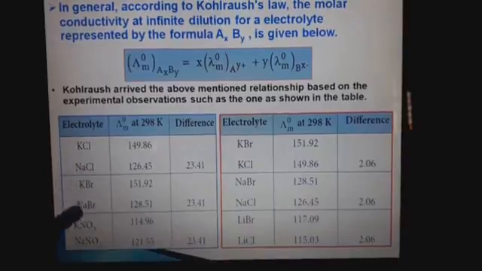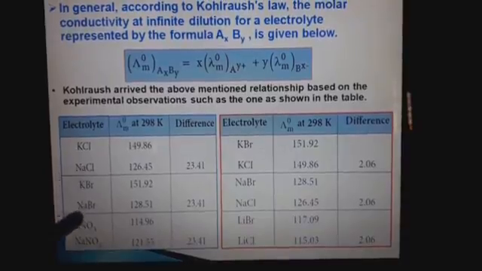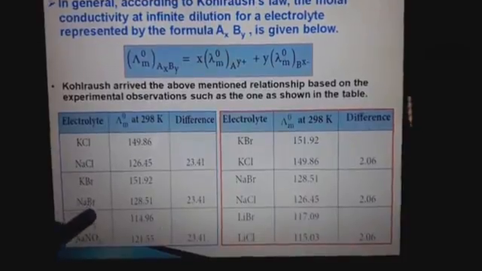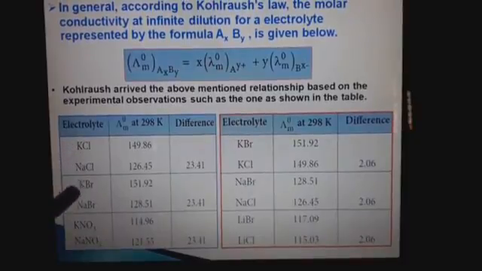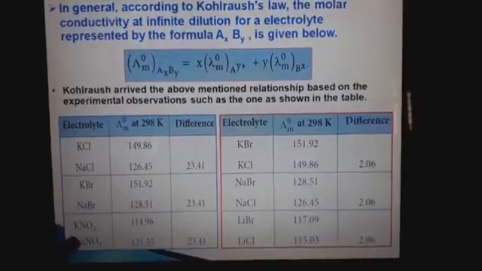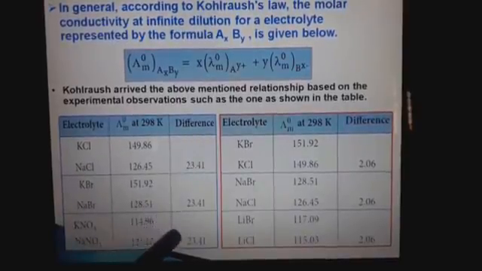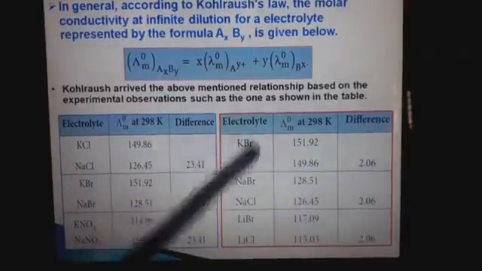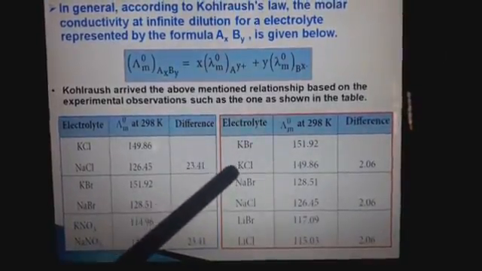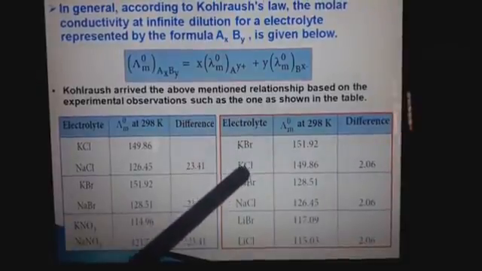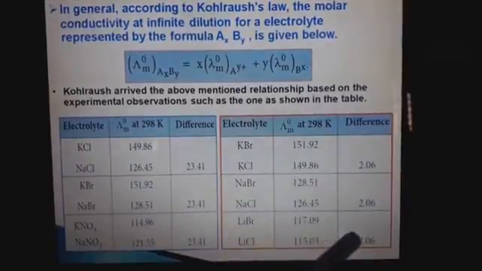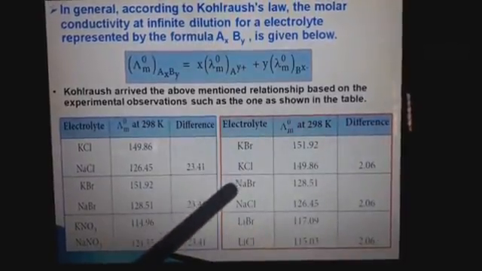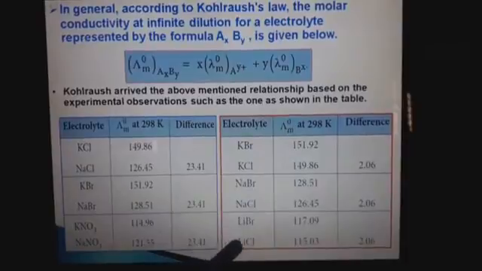KCl, NaCl, KBr, NaBr: only the positive ions change, the negative ions are the same. KNO3, NaNO3: the difference is the same value. KBr, KCl: same positive ion, different negative ions, and again the difference is the same value. KBr, KCl, NaBr, NaCl, LiBr, LiCl.